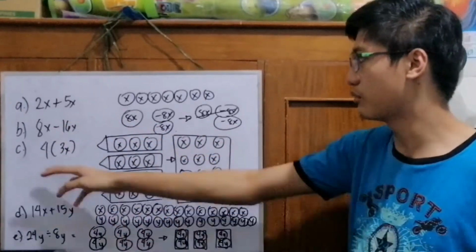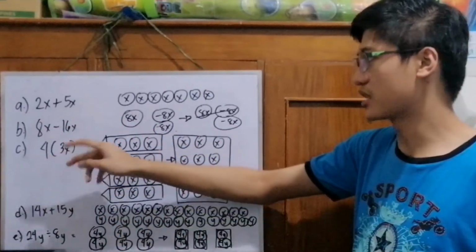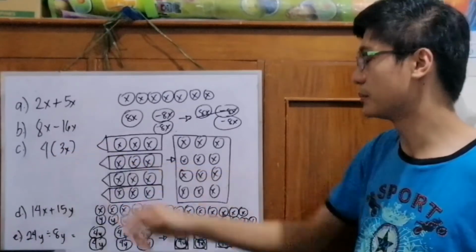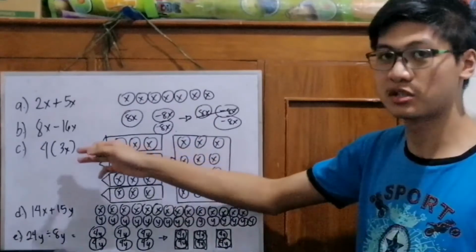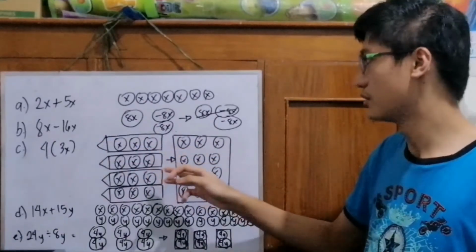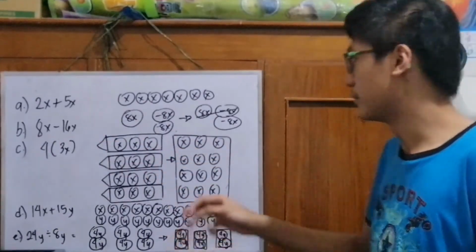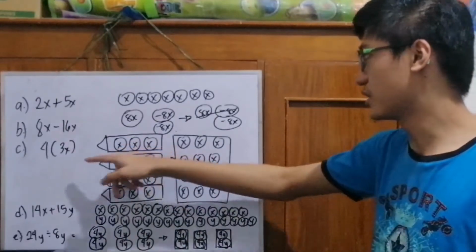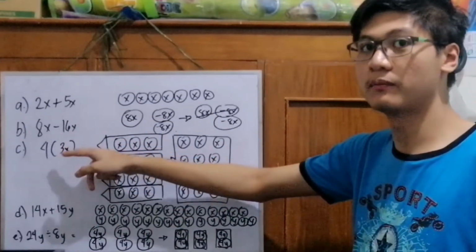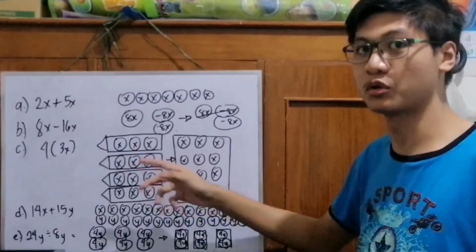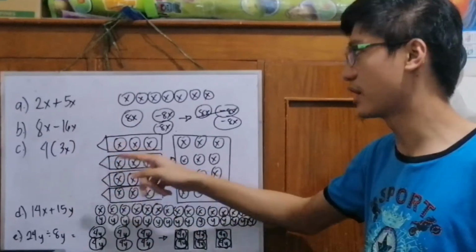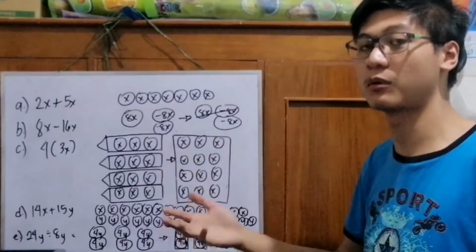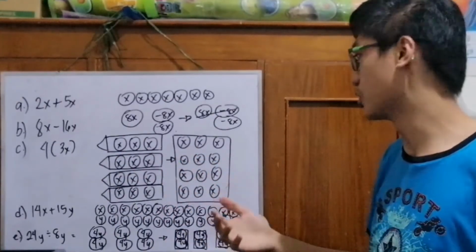For the third problem, we have 4 multiplied by the quantity of 3x, or simply 4 times 3x. This will be the representation of this problem when you use algebra discs. This means 4 groups of 3x. The triangles would mean distributive property, like what I said in the last video.